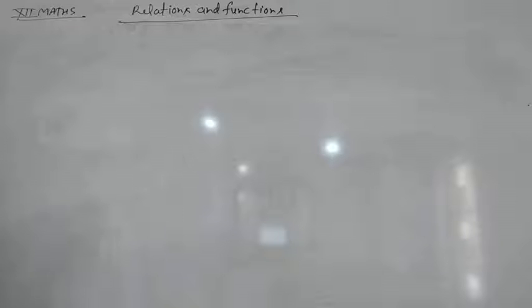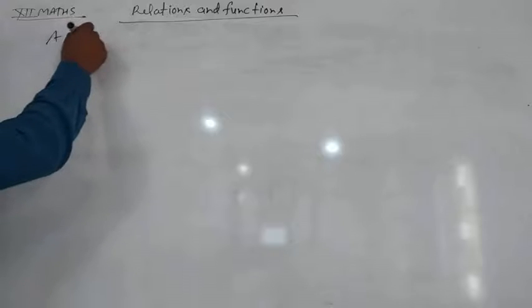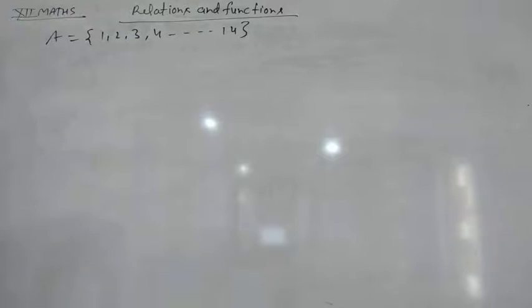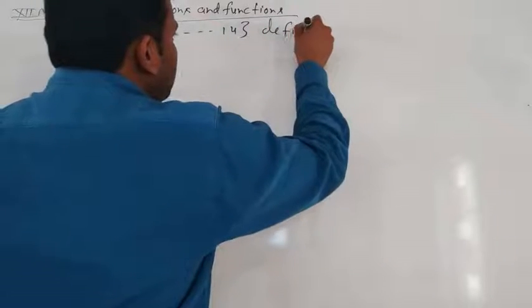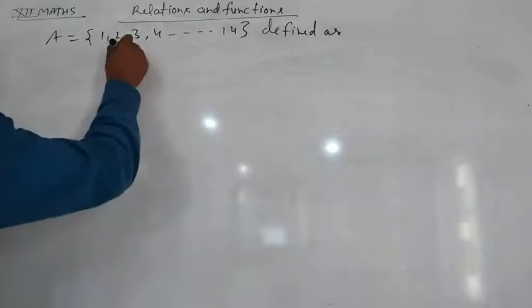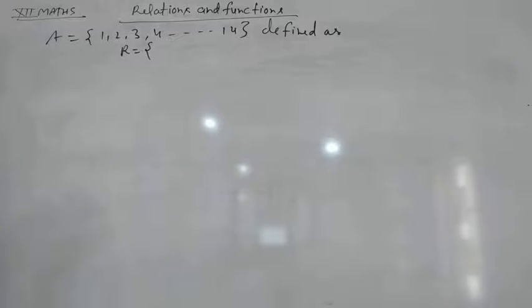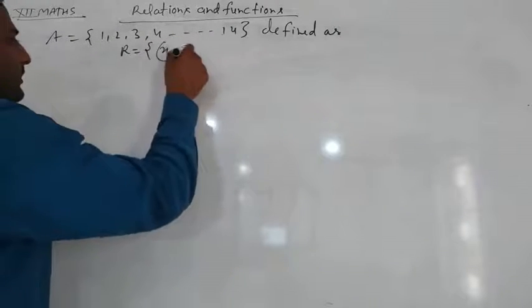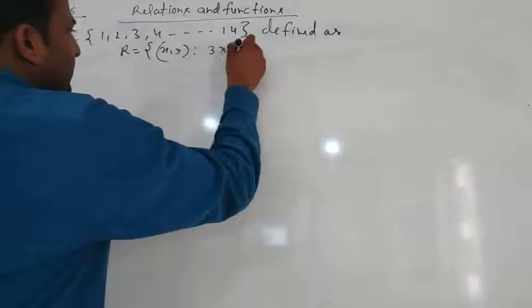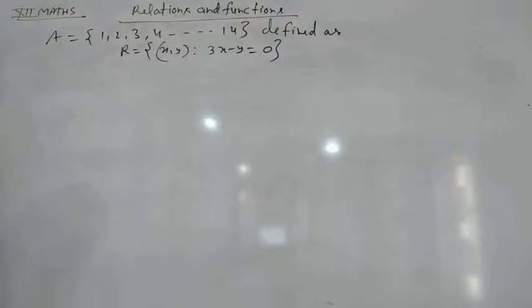We are given a relation R on a set A, which is {1, 2, 3, 4, 14}, defined as R = {(x, y) such that 3x minus y is equal to 0}.